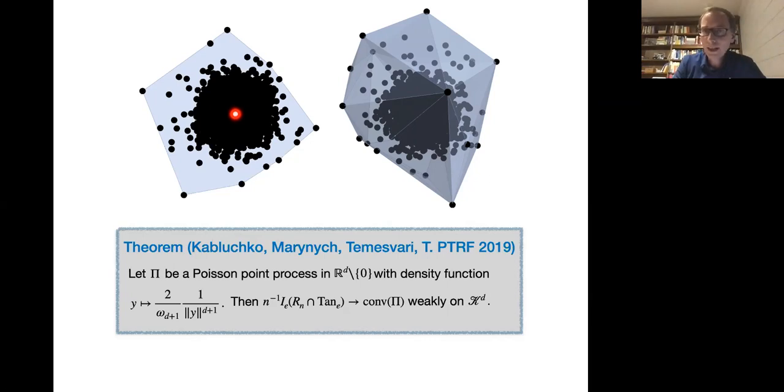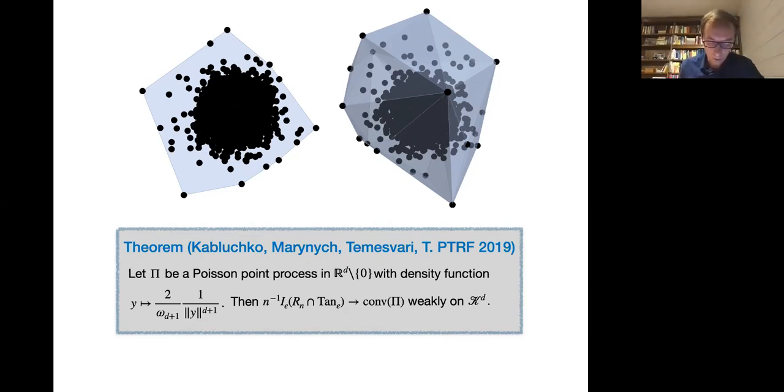But in the complement of any small ball around the origin, there will be only finitely many points. That's why there are so many points here accumulating around the origin. This is clear because this function is not integrable around the origin. So there must be infinitely many points here. But outside of any ball of any positive radius, there are only finitely many points.